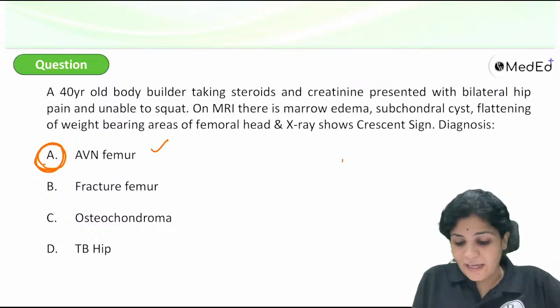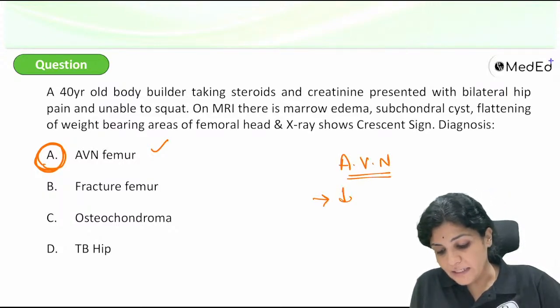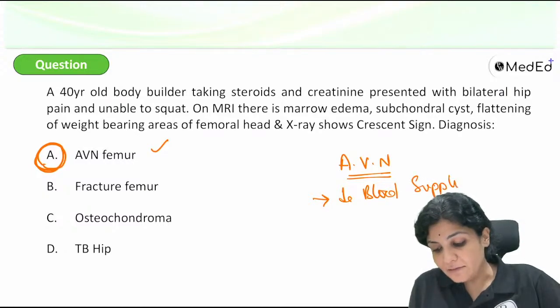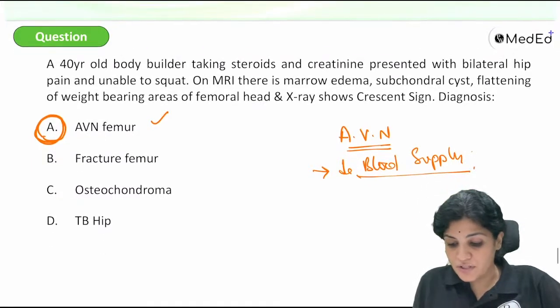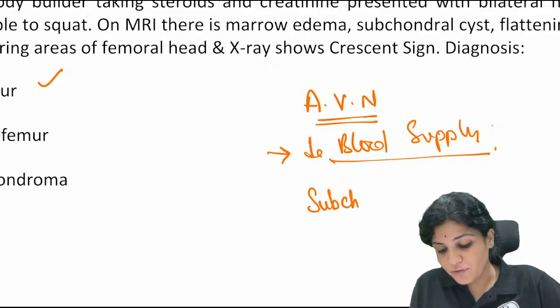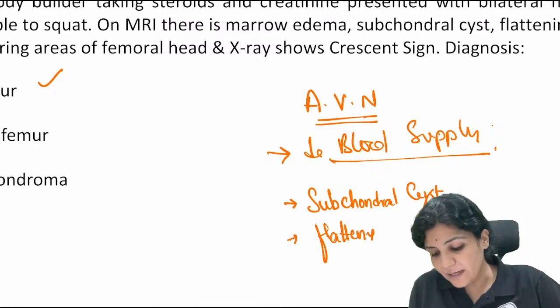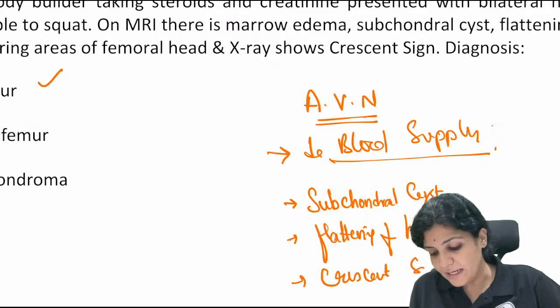Very good. So avascular necrosis is a condition because of the decrease of the blood supply or the cutoff of the blood supply, the femoral head goes into necrosis. Whenever there is a necrosis, because of the seepage of the fluid, there is a subchondral cyst which is happening, and then there will be flattening of the head, and then you can see what is called crescent sign on the X-ray.